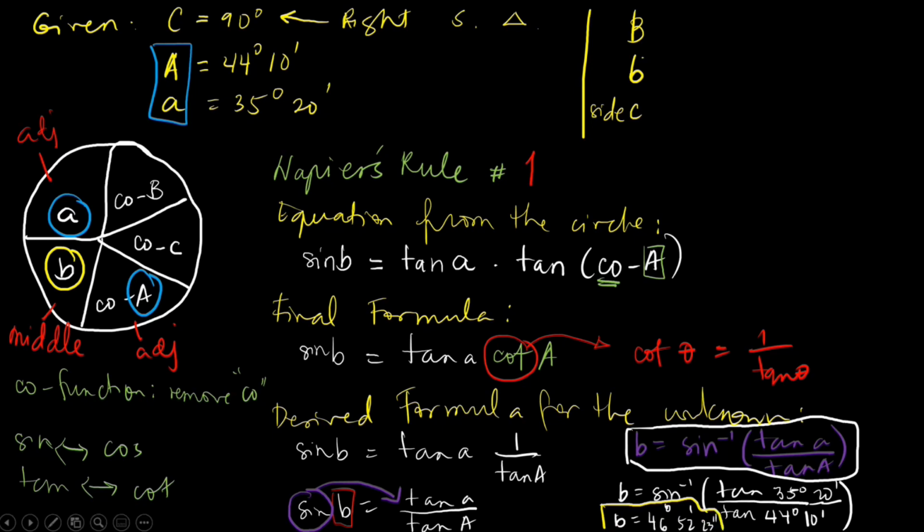Okay, so B equals 46 degrees, 52 minutes, 23 seconds. So that is the measure of side B. So after that, you can choose again between angle B or side C. Which one would you like to solve next?